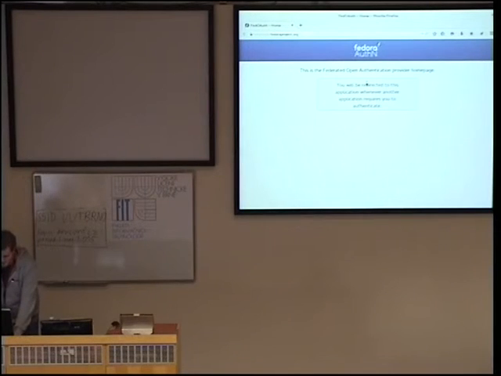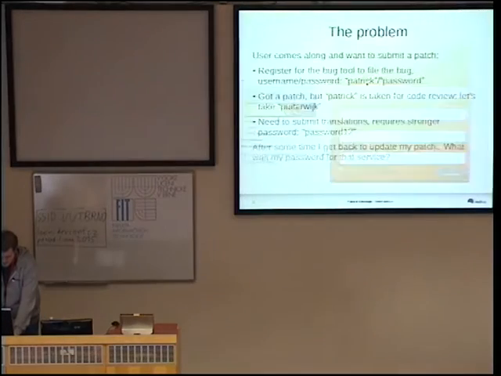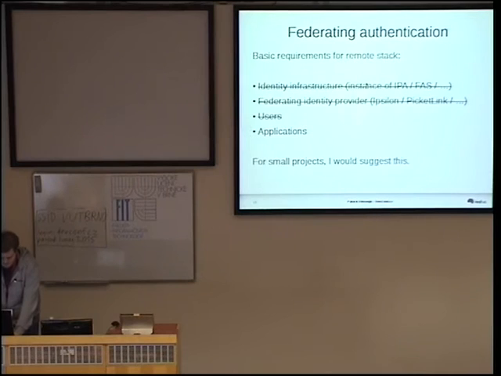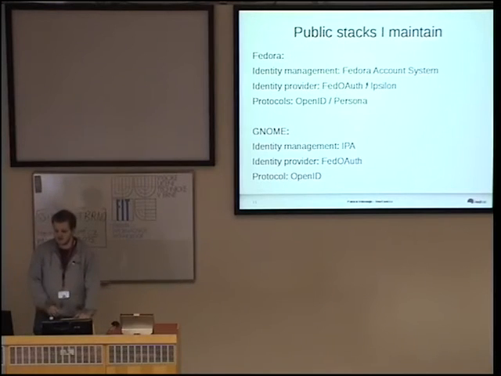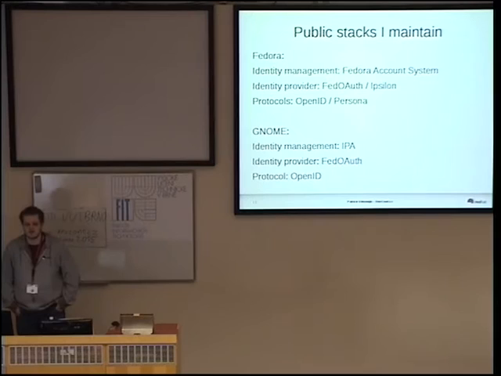So pretty much every Fedora contributor will have seen this probably. In GNOME we use IPA with FedOAuth as well. We're planning on migrating to Ypsilon in due time because that's the new version.